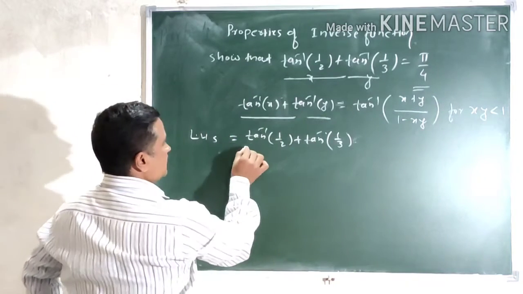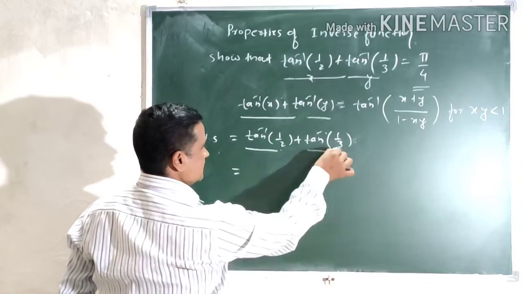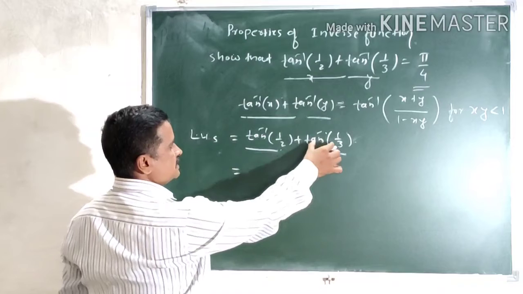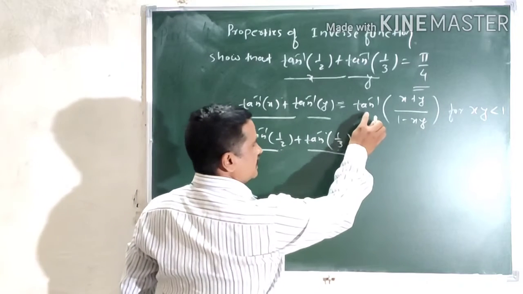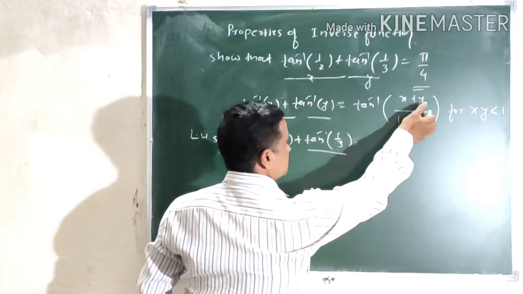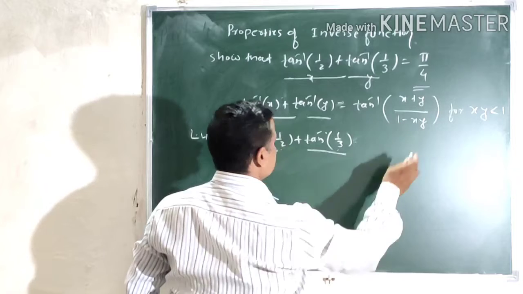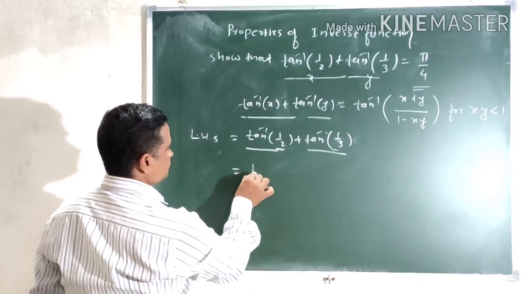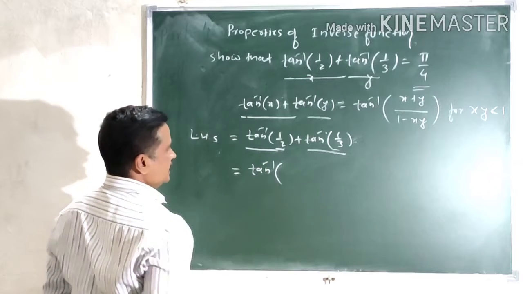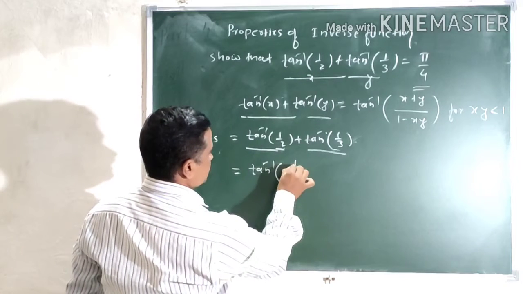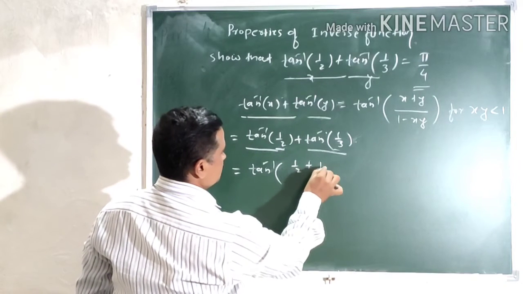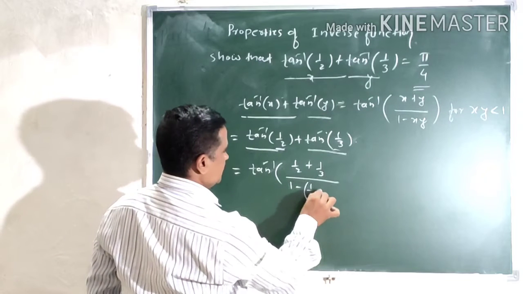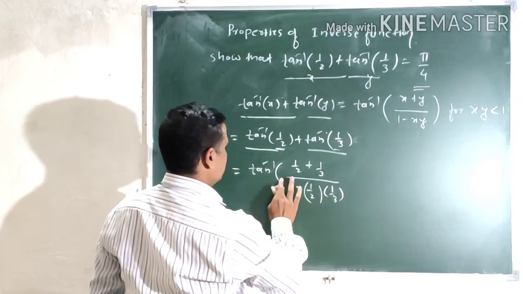Here 1/2 is x and 1/3 is y. By the property, tan inverse of x plus tan inverse of y is tan inverse of (x plus y) divided by (1 minus x into y). So it is tan inverse of (1/2 plus 1/3) divided by (1 minus 1/2 into 1/3).